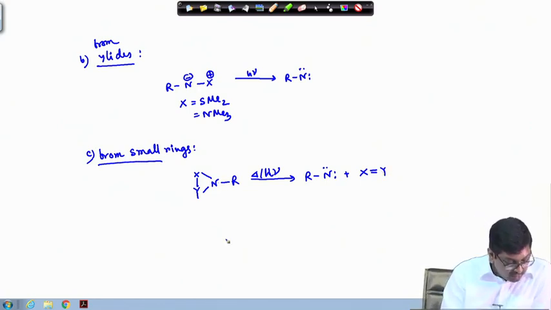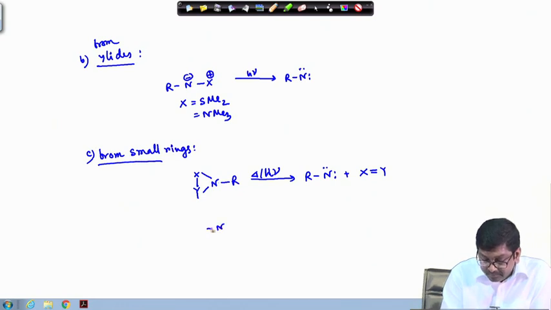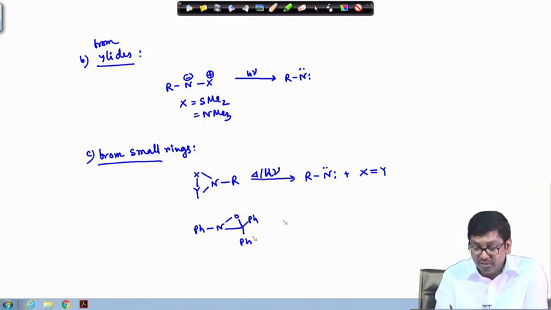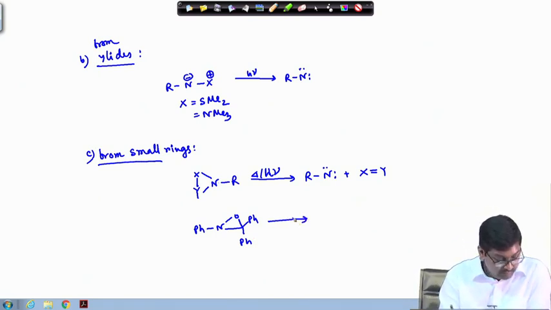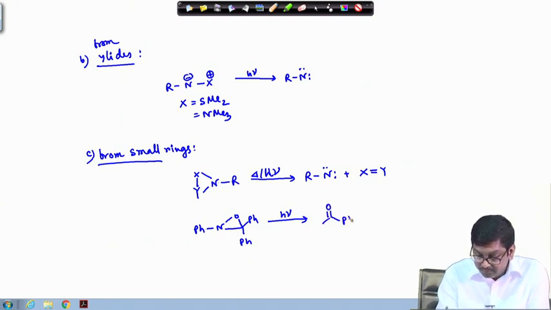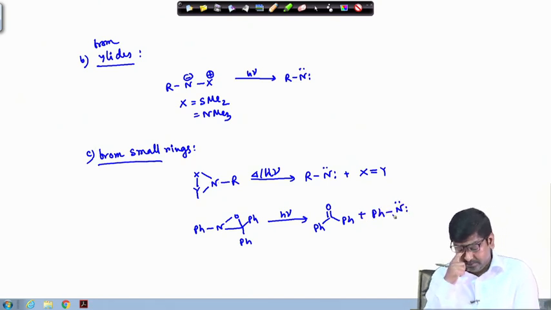If we take oxaziridine, for example, as a precursor for generation of nitrene this way, under photochemical irradiation this oxaziridine ring will generate one small keto compound plus the corresponding nitrene.